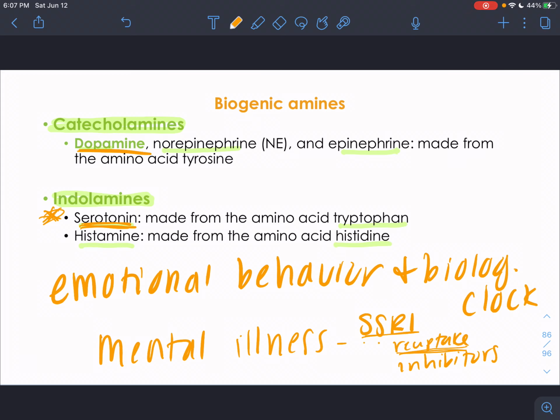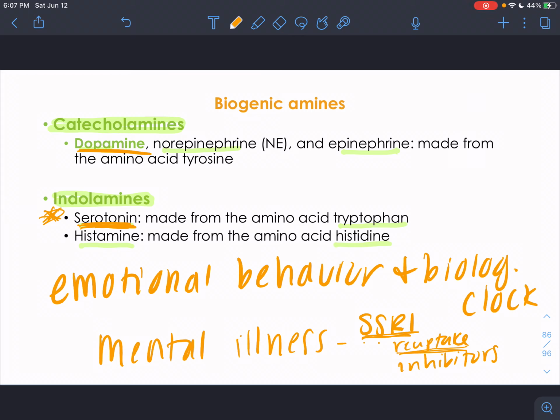So in a lot of cases, people with depression, they don't have enough serotonin being released naturally. So SSRIs let their body use the serotonin that they have more efficiently, right? Because if it stays in the synapse longer, it's going to have a greater effect. So it kind of makes up for the lack of serotonin.